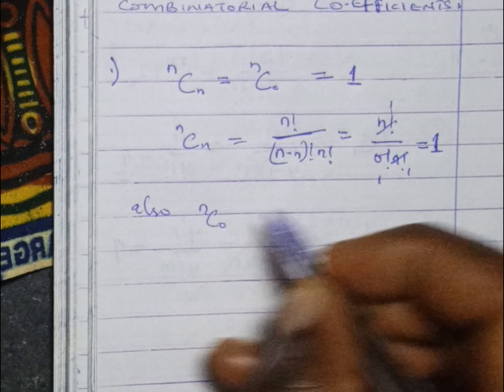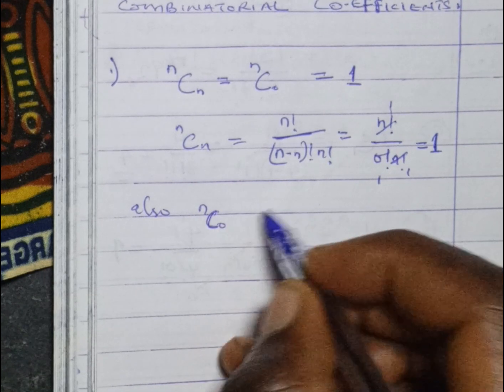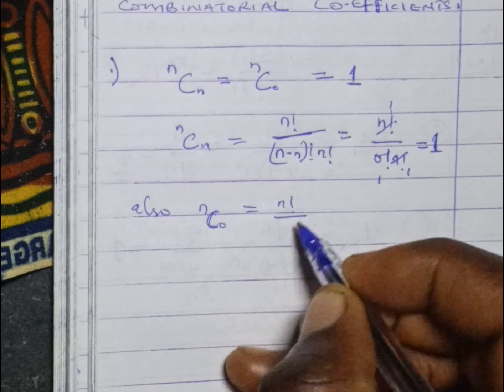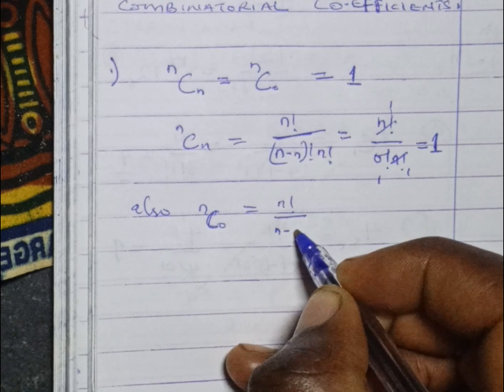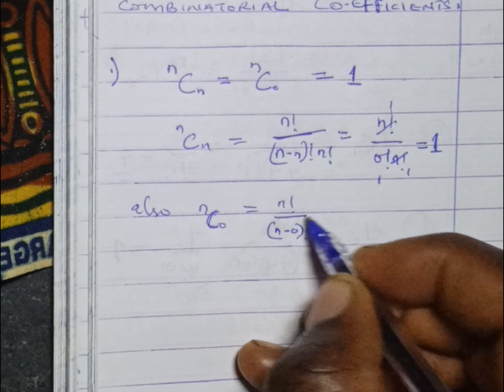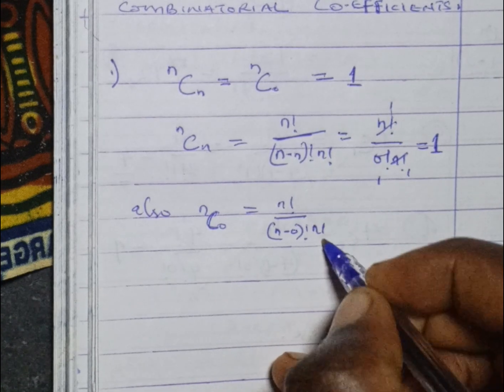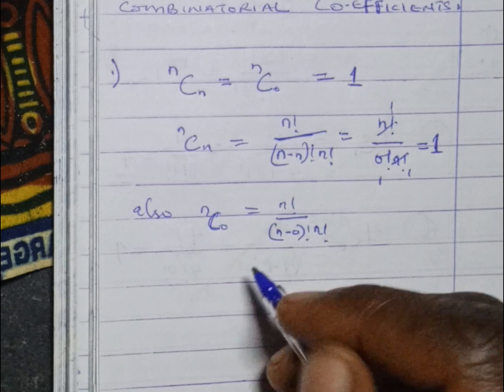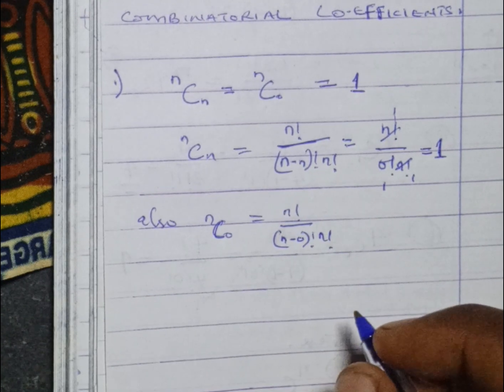Then also nC0, n combination 0, is of course n factorial over n minus 0 factorial, 0 factorial. Remember our formula. Check my previous video for the formula for combination, so that you understand what we're doing.